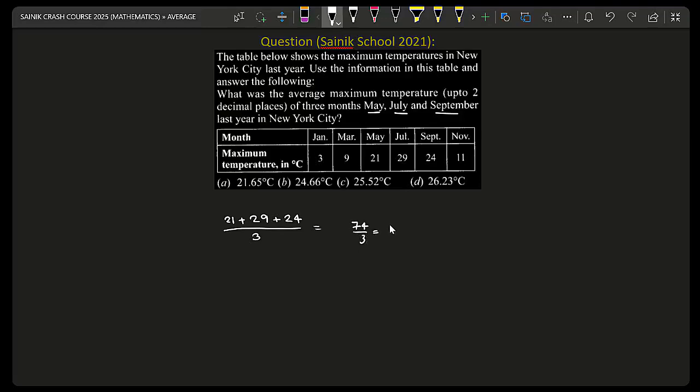Do they ask for fractional form or decimal form? Decimal. How to convert a fraction to decimal?